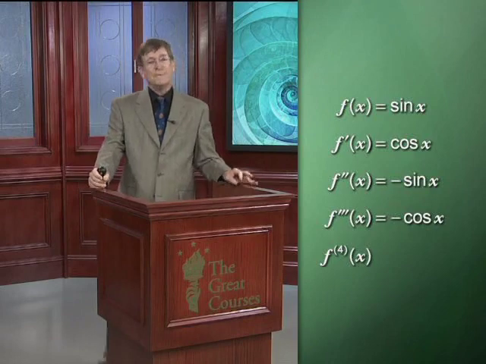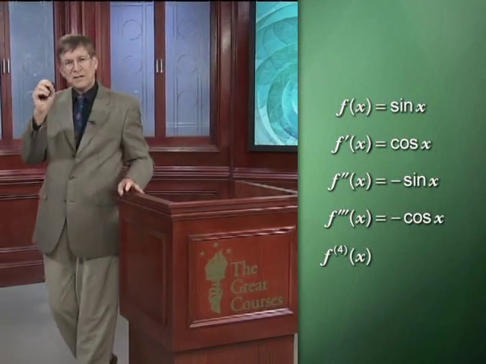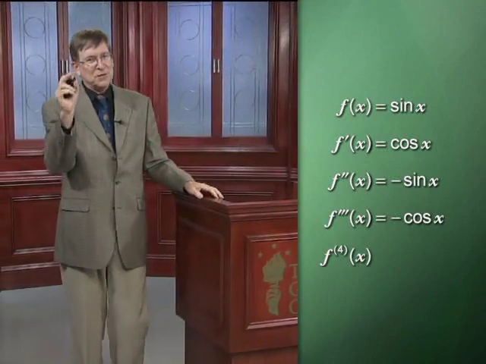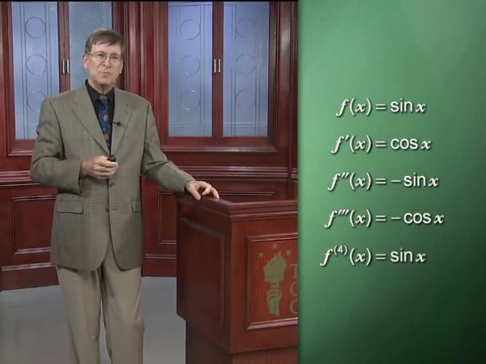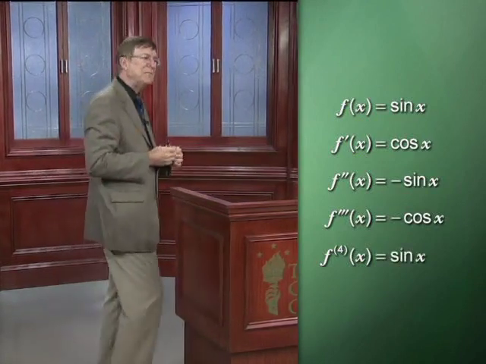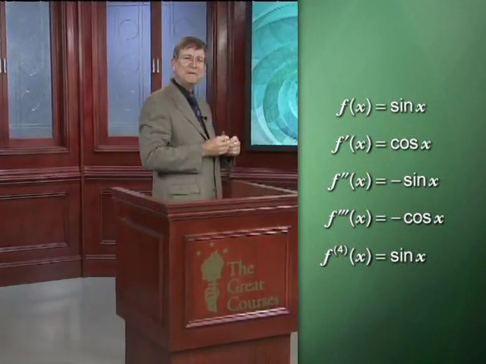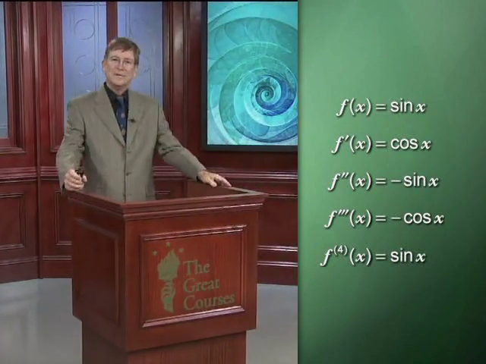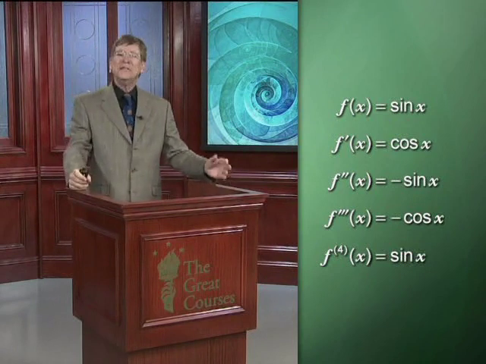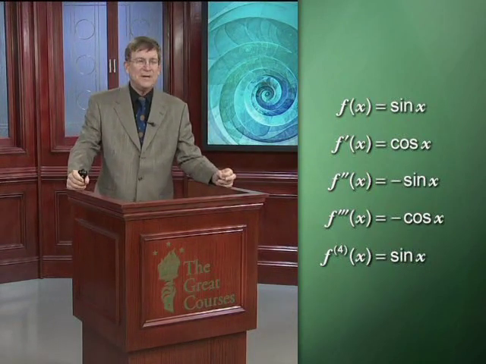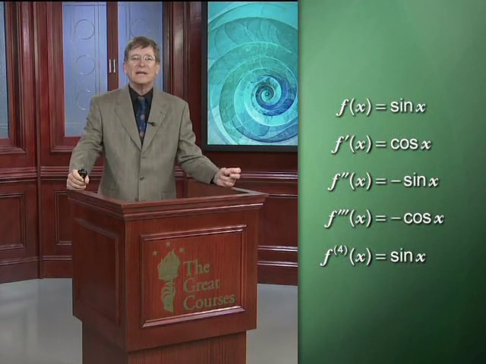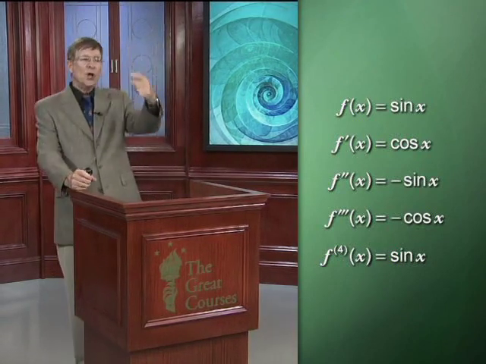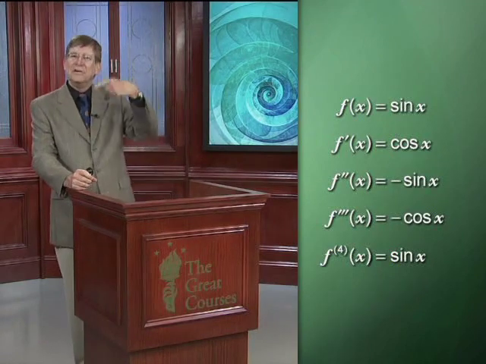And then finally, the fourth derivative, well, it's minus the derivative of cosine, so we get a minus minus, so the fourth derivative comes back to sine x. Do you see a pattern here? What's the fifth derivative? Well, it would start repeating. What's the eighth derivative? Well, the eighth derivative, of course, would be back to sine x, wouldn't it? What's the 16th derivative? Sine x. I hope you can see this sort of periodic pattern here.